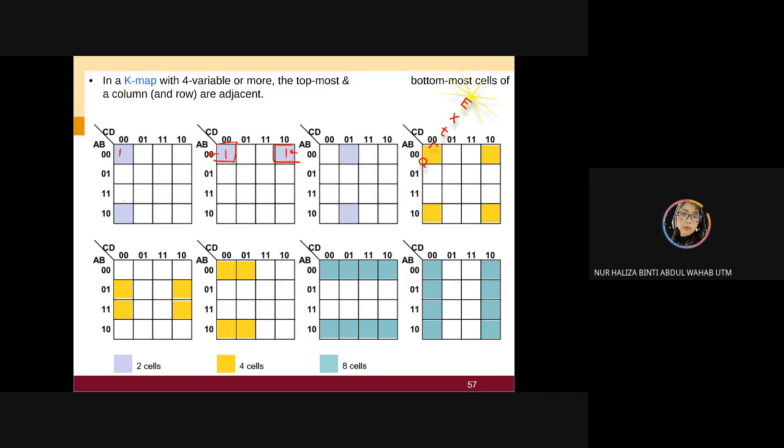If you have 1, 1 here, then you can group it because it is adjacent. But if you have like this, 1 and 1 here, you cannot group it because it is not adjacent. That's why it teaches you to do adjacent first. Then you know later on how to do a grouping. For like this also, you cannot because it is not adjacent.